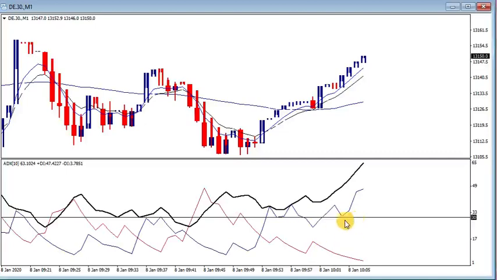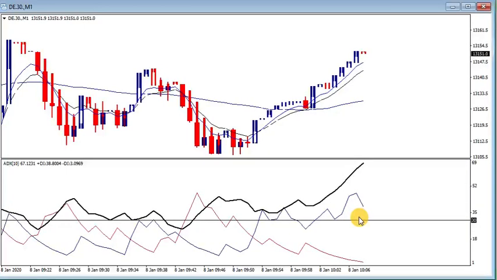When these two are above this 30 line, it means the market is actually strong, and you can place any trade. When this is below, it means the trade is actually not cool. But once it passes this 30 line, that means the market is strong, and you can take your profit and go.